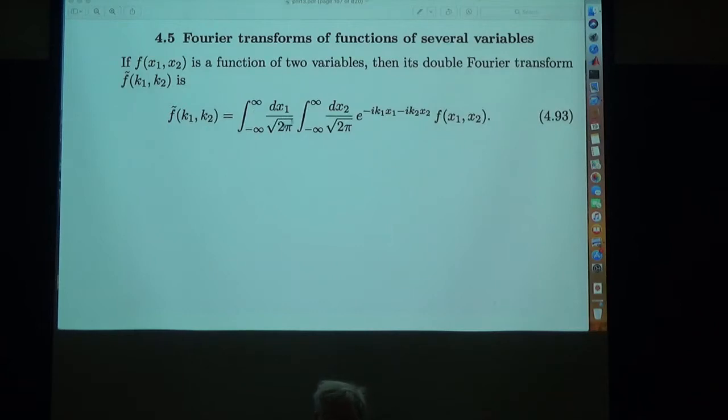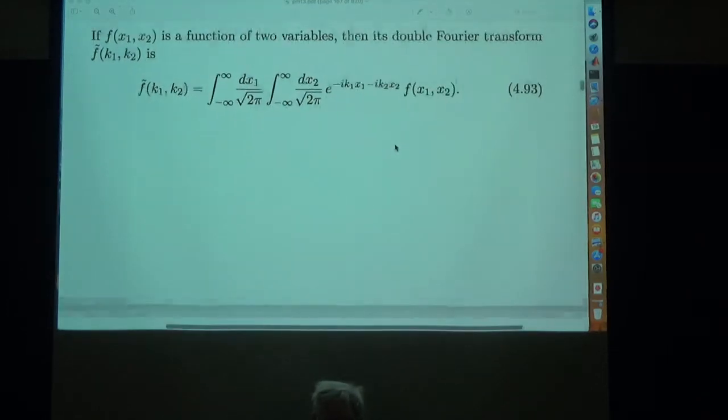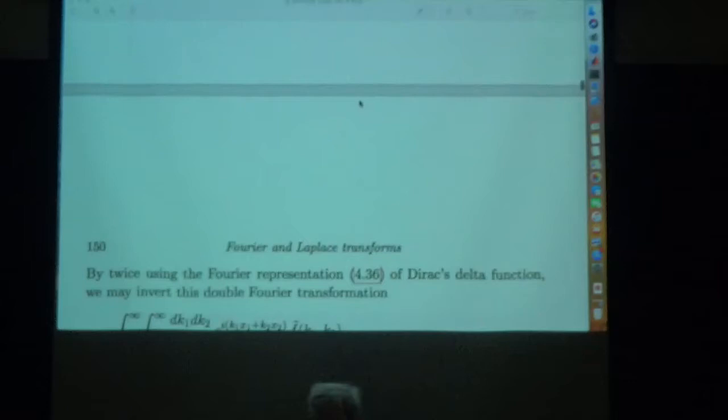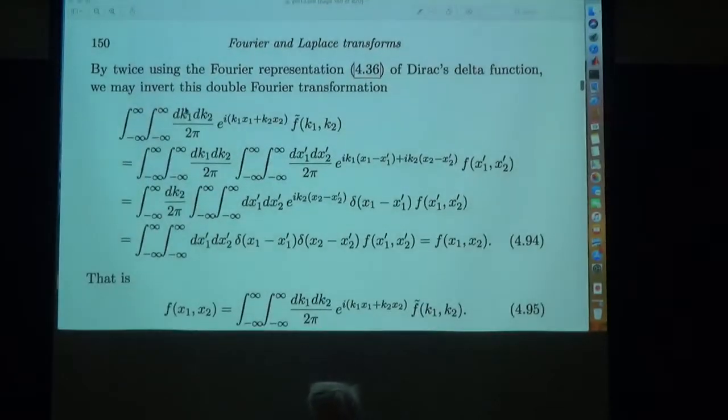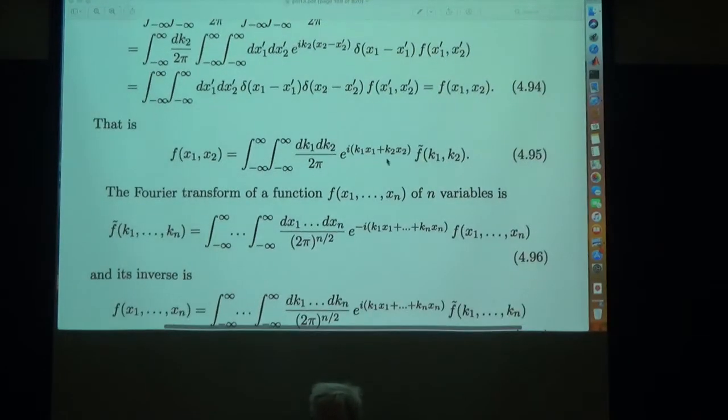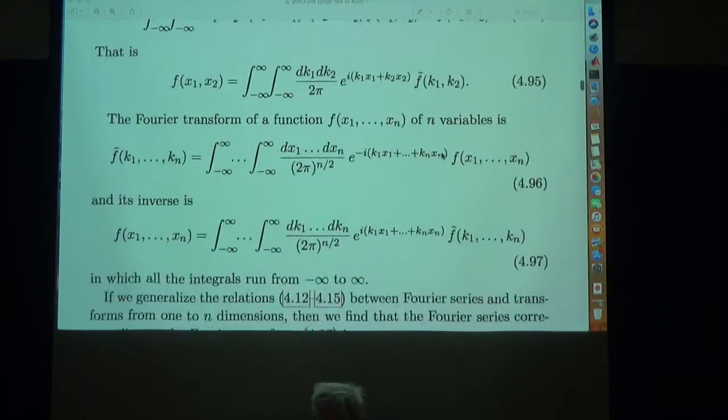So what if you have a function of two variables? How do you make the Fourier transform? Well, obviously you just do a double Fourier transform. And if you then invert the double Fourier transform, you get the function back, so the function is written as the Fourier transform of the inverse Fourier transform.